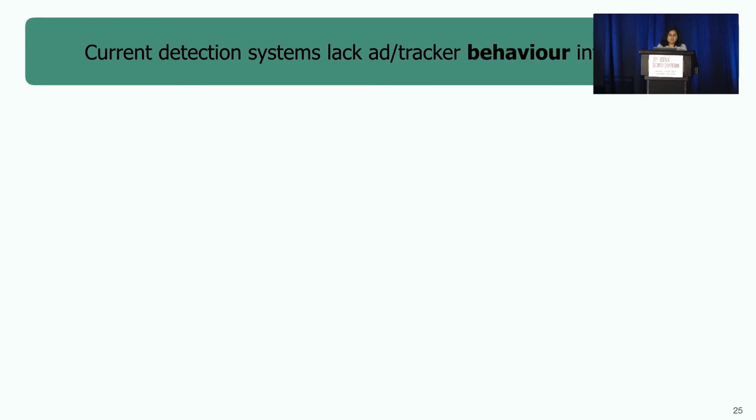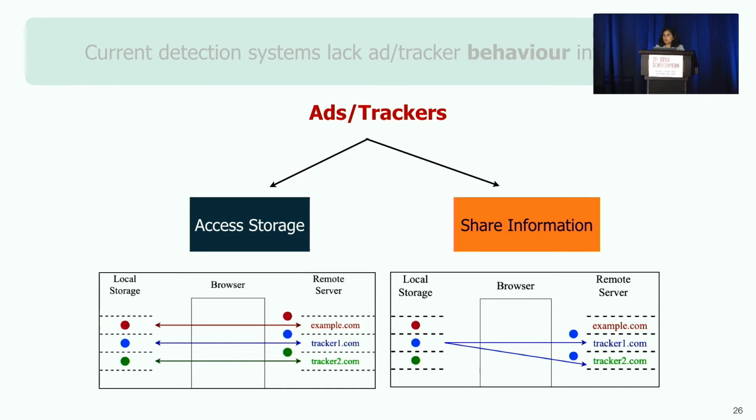And the main insight that we had is that these graph-based detection systems have features related to what ads and trackers are, which is what the content features represent, but they don't have many features related to what ads and trackers do, or their behavioral information. And especially in the kind of tracking that we look at, which is stateful tracking, or tracking via identifiers, ads and trackers primarily do 2 things.